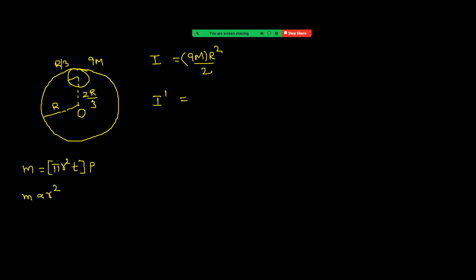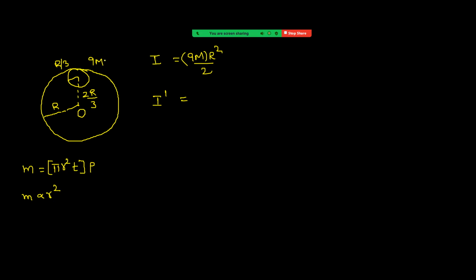Okay. So for the removed part, radius is r by 3. For the bigger one, it is r. That means for the removed one, mass becomes 1 by 9 times. Am I correct? M is proportional to r square. Now r is r by 3, so mass becomes 1 by 9 times.